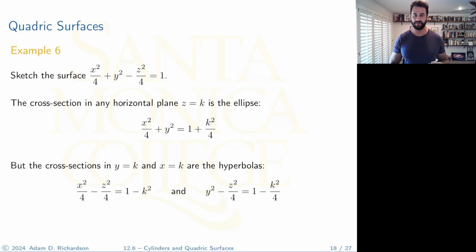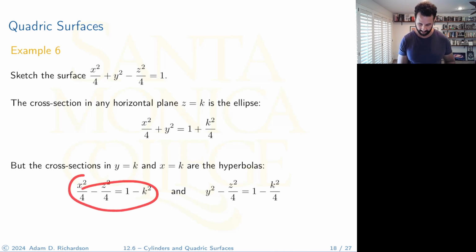So if you start setting z equal to some numbers, what you get is an ellipse. There's that ellipse again, right? So again, if z is equal to 0, you get the equation of an ellipse. So if I start chopping horizontally, I get ellipses. If I set y or x equal to some numbers, then what I get is, what is this?